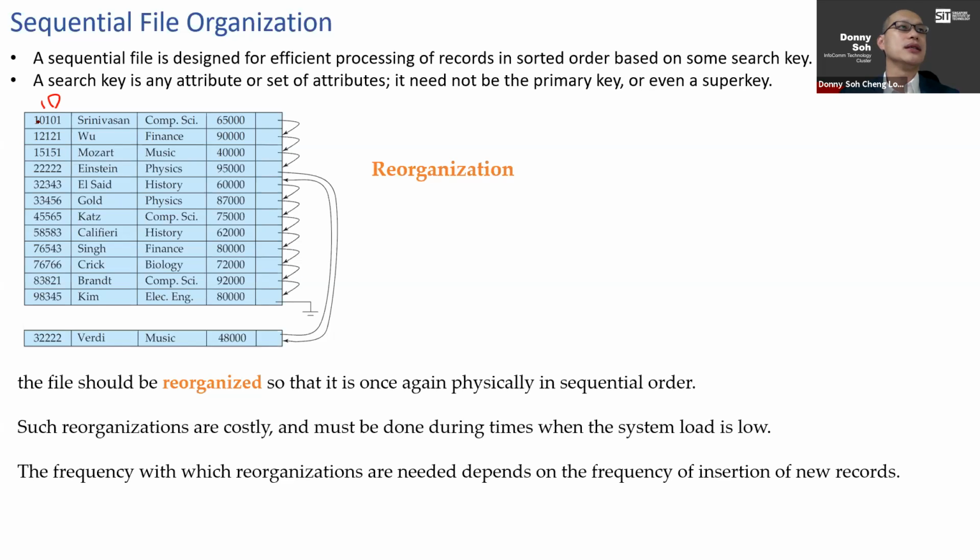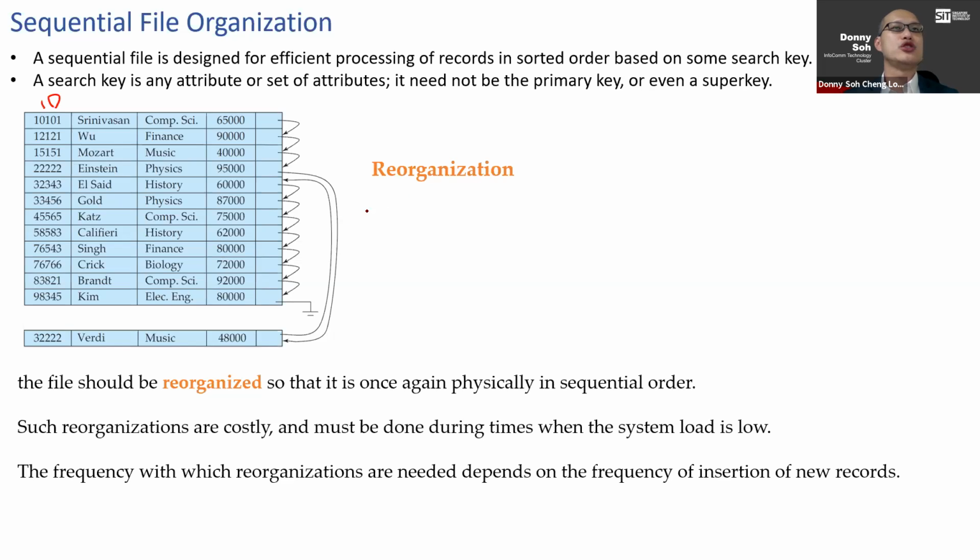The pointer at the end of each record points to the next record in the sorted order. You can tell here, probably these records were all inserted, and then suddenly this Verdi is inserted, and so this pointer points to Verdi, and then Verdi points to the next person, Lê Said.